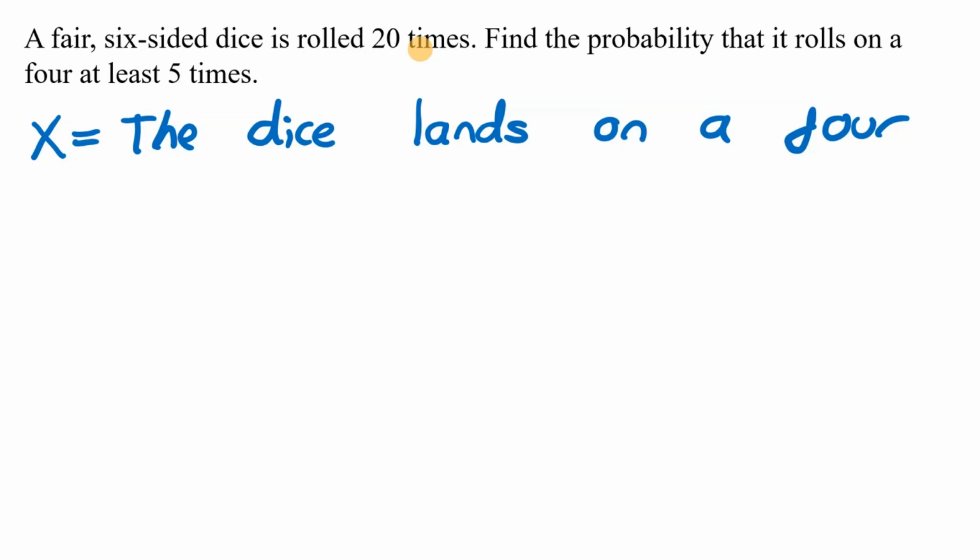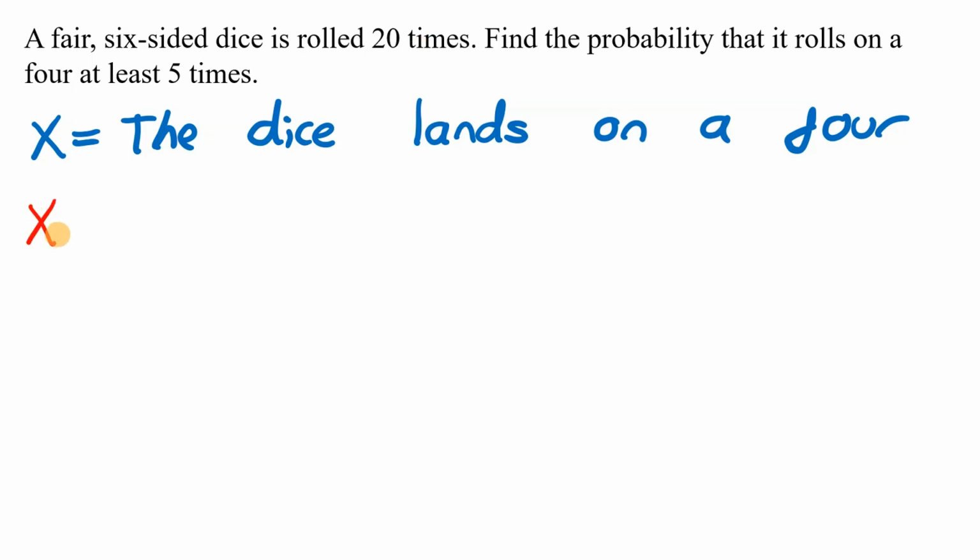There is a fixed probability of success, so it's the probability that it rolls on a 4, which is going to be 1 over 6 because that is the probability that a dice lands on any side, 1, 2, 3, 4, 5 or 6, and the trials are independent of each other because it doesn't matter what the dice landed on before. If you roll the dice again, the probability of it landing on a 4 doesn't change, okay? So we can use binomial distribution here.